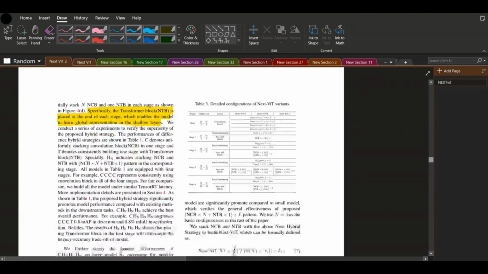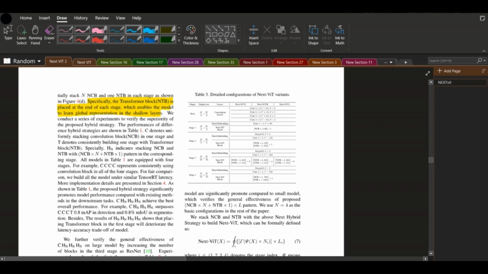Then they state that the transformer block is placed at the end of each stage, which enables the model to learn global representation in the shallow layers.